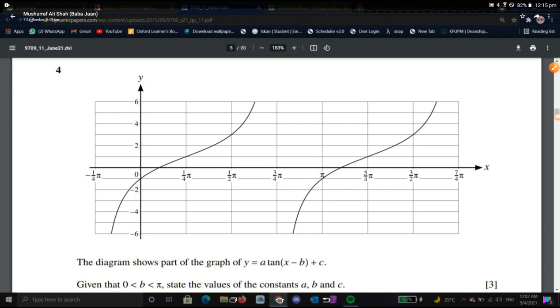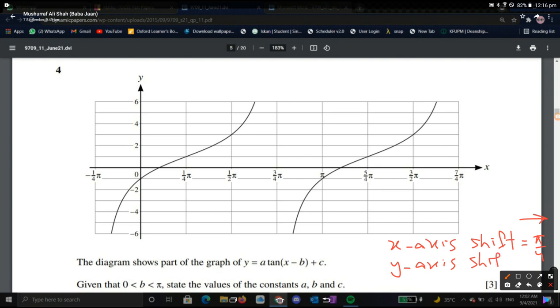So how much is the shift? The shift on the x-axis is very clear: pi by 4 rightwards. And what is the y-axis shift? It is 1 unit upwards.